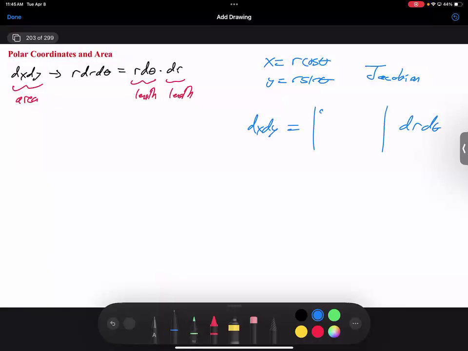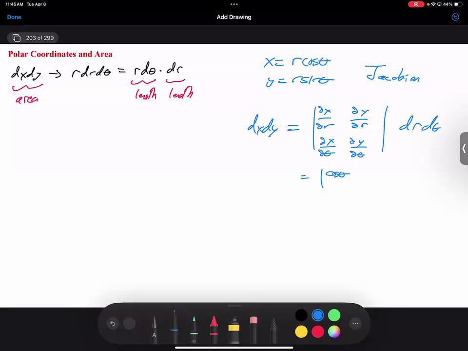And so we'll have partial x, I'm sorry, partial r, partial, well, there's lots of different ways you can do it. The determinant is not going to change because we're going to take the absolute value. We can do partial y, partial r, partial x, partial theta, partial y, partial theta. And now when we take the absolute value, the derivative of x with respect to r gives cosine theta.